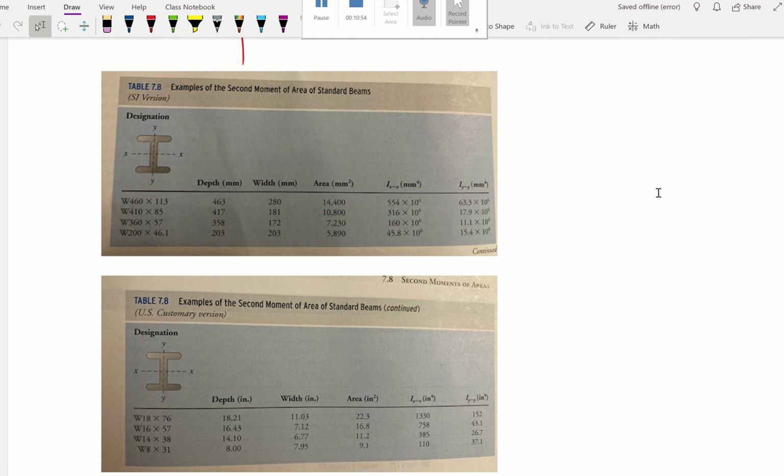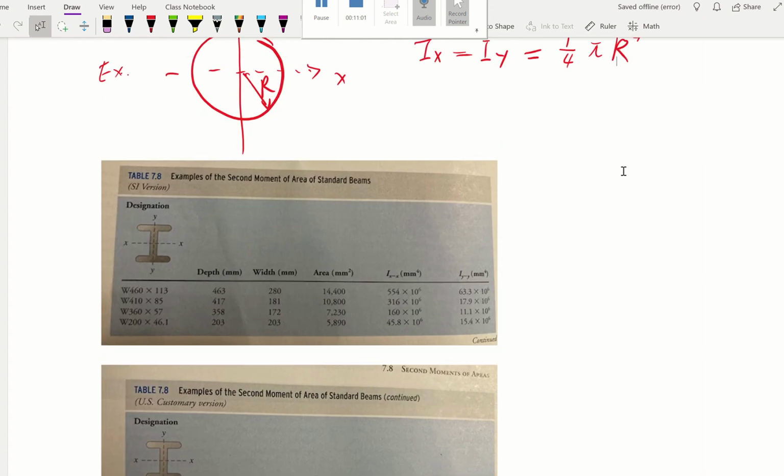So now let's look at one last example. We're talking about area moment of inertia. Now we're going to look at the I-beam. For this I-beam, Ix is going to be way greater than Iy because there is more area distributed away from the bending axis.